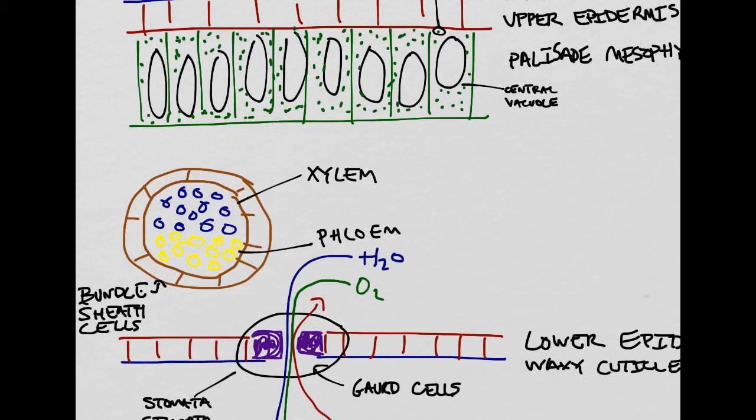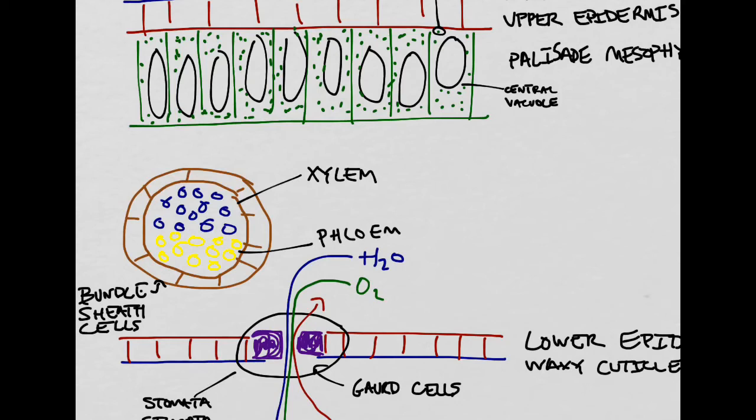P-H-L-O-E-M. And the phloem is responsible for the transport of sugar water, that is the sugar that is produced in the leaf, to the rest of the plant. And as you know, that sugar is going to be broken down by the plant to form useful cellular energy for the cell to do work. And that sugar is also going to be incorporated into the plant for growing the plant, actually making it bigger. Okay, so we've got those two things.